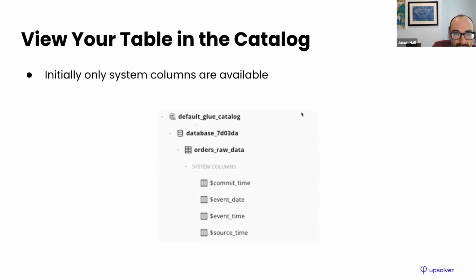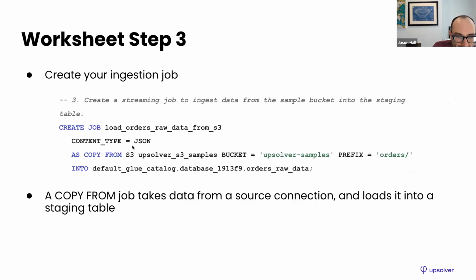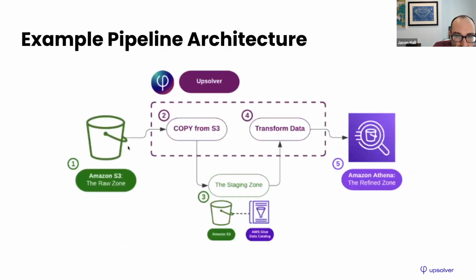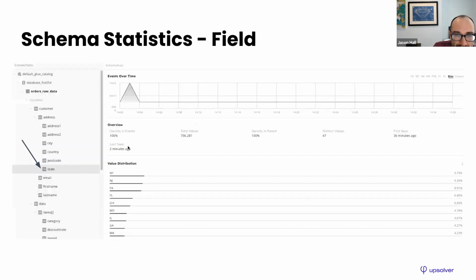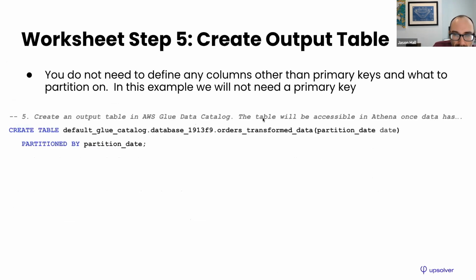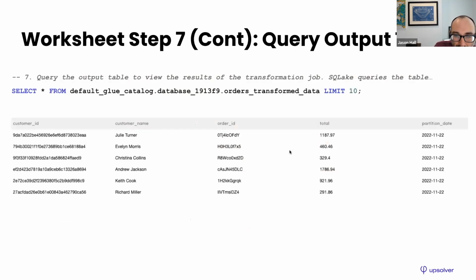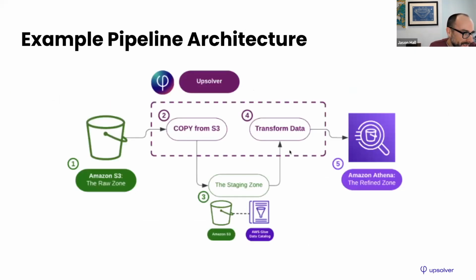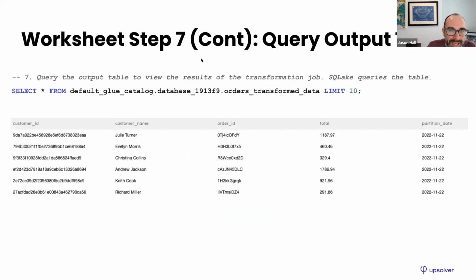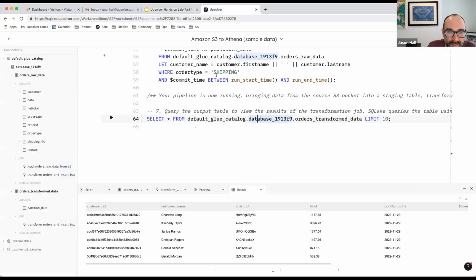We then created a target table, this transform data table, and then a data transformation job to read data from the raw table into the target table.